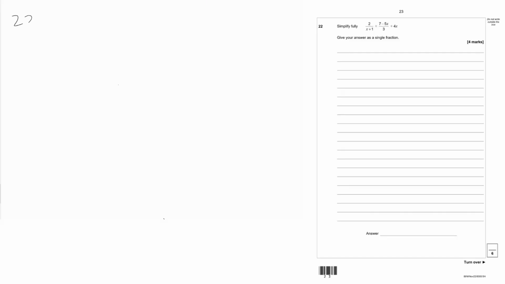So moving on to question 22, and we are given the following expression. So we have 2 over x plus 1, plus 7 minus 5x over 3, plus, sorry, ignore me, just plus 4x.